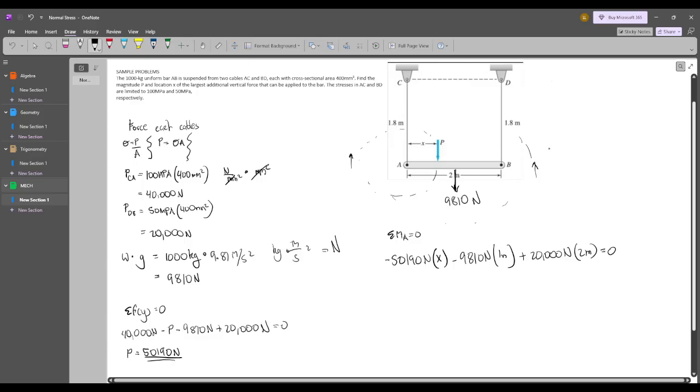Equates to 0. Now, just to clarify, the reason why counterclockwise is positive and clockwise is negative is because it represents the thumb rule.